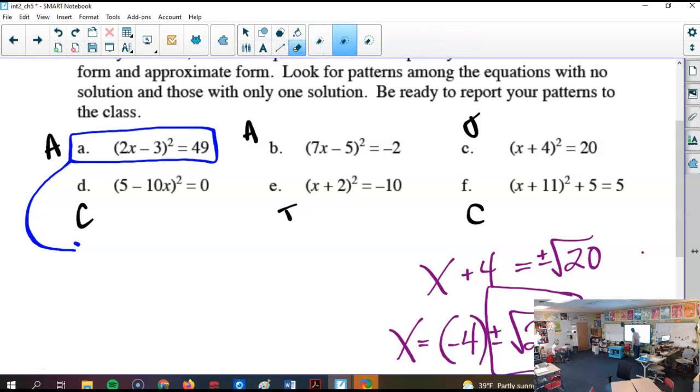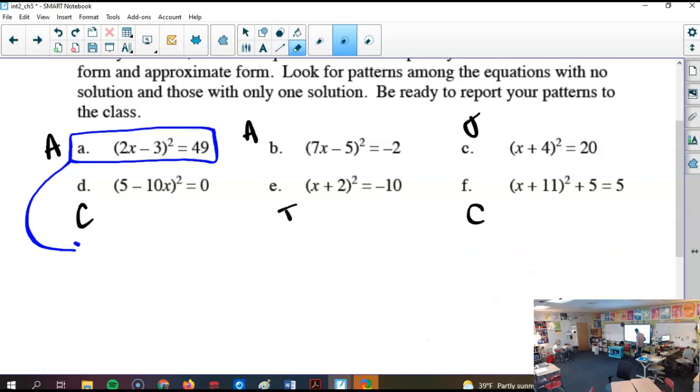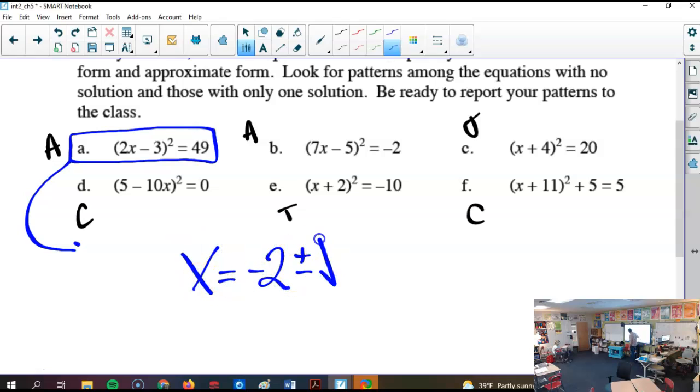Jake, I accidentally erased the bottom of your J, but what did you find out about E? It's impossible, but I factored it down to x equals -2 plus or minus the square root of -10. So it's not that it's impossible.